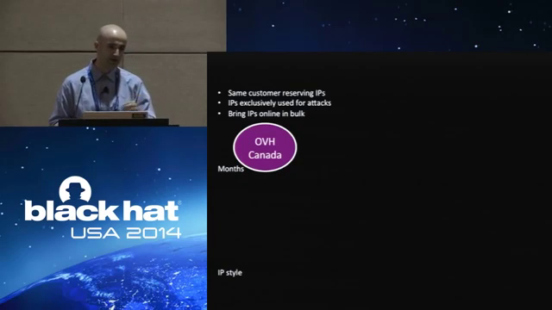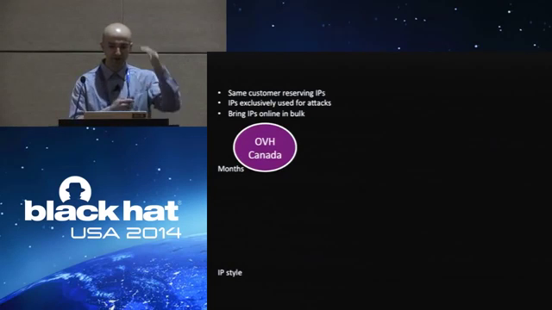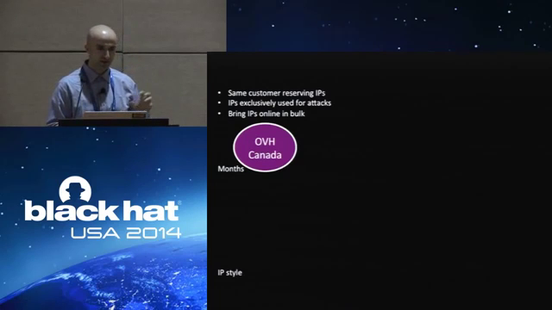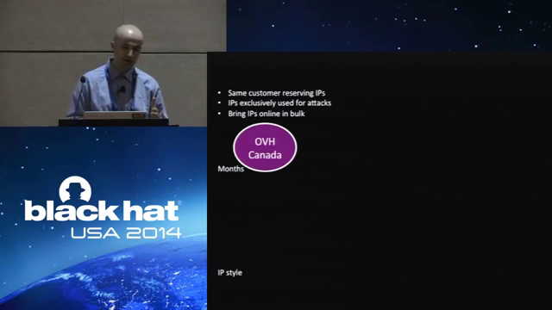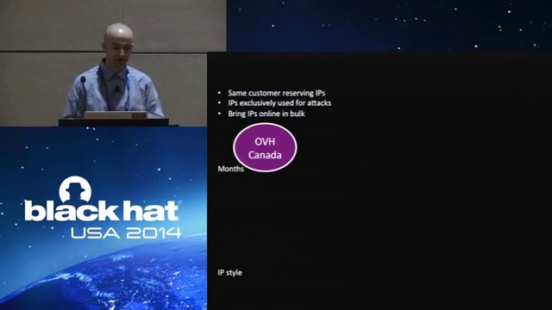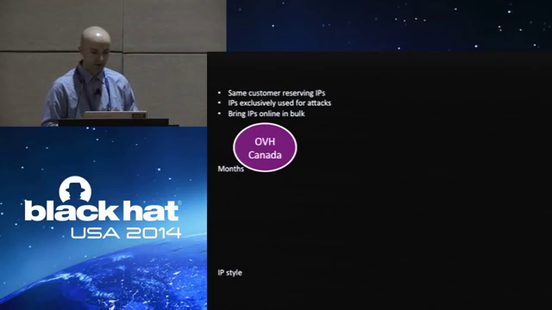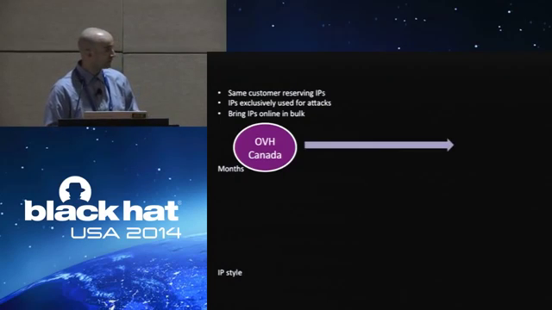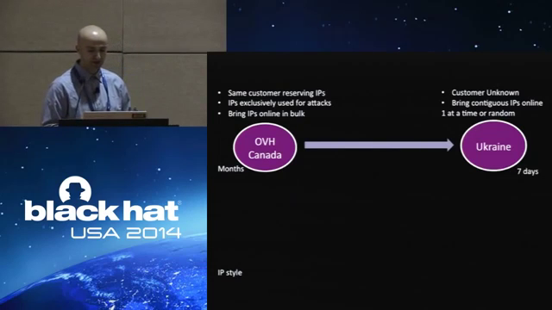When I say sub-allocated ranges, I mean like /28, /29, /30, that are within large prefixes. And then these IPs were exclusively used for these attacks. And then the IPs were brought online in bulk, the whole contiguous chunk was brought online at the same time.